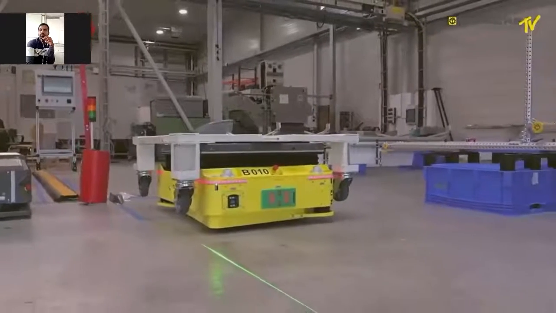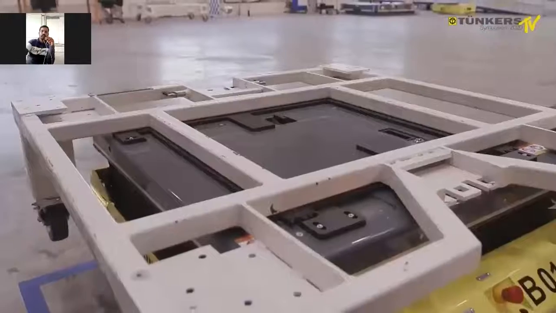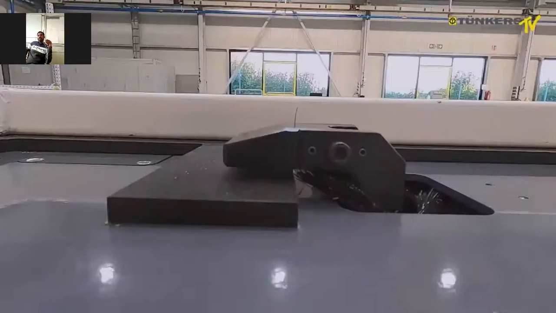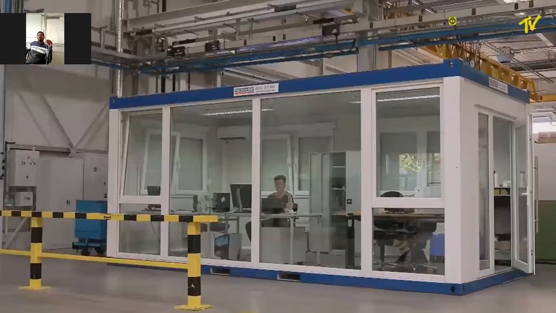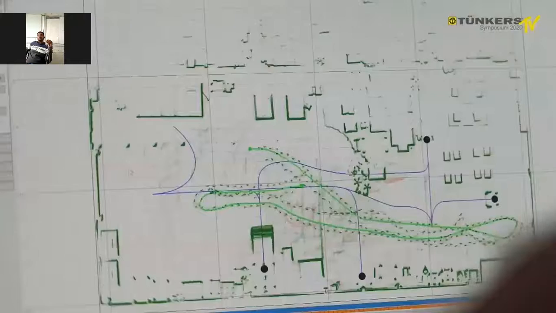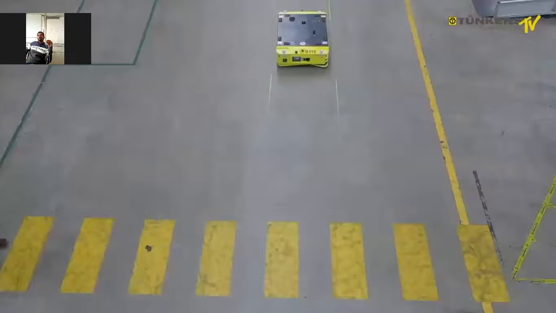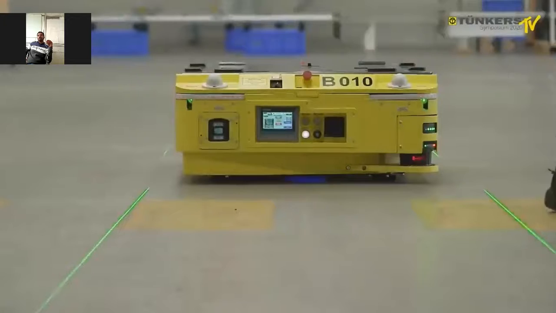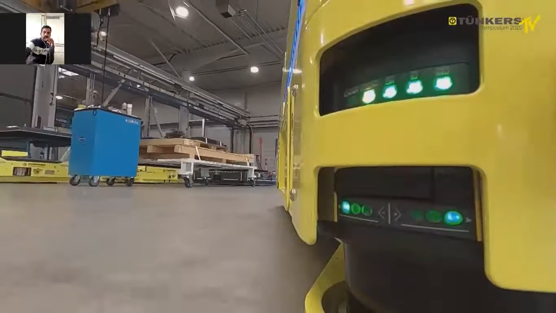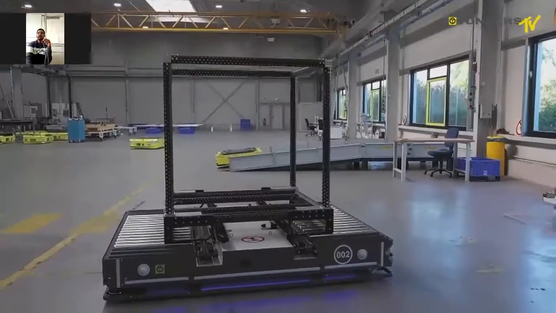It will lift with a small height and it will travel. You can see this. Due to safety features, in front of a human, it will stop directly.